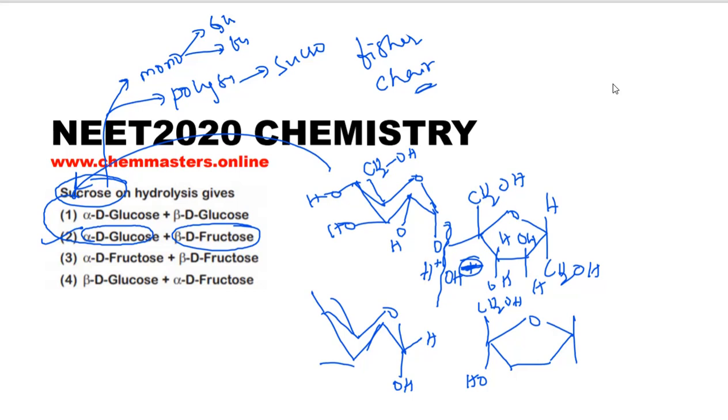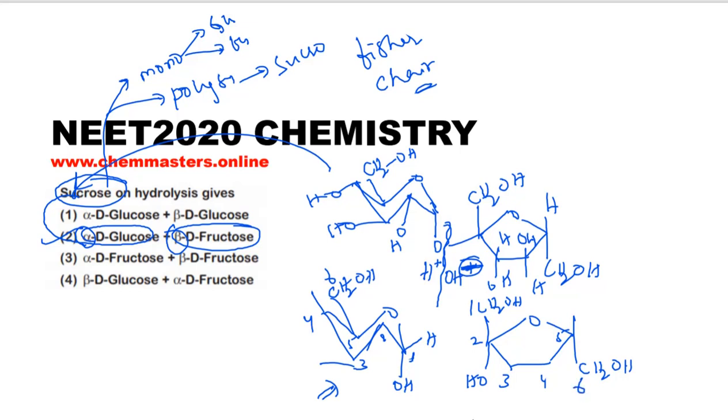Now why are we calling it alpha D glucose and why is it beta? If you look at this glucose, we can start numbering from here 1, 2, 3, 4, 5 and here 6. On this fructose we can start from here 1, 2, 3, 4, 5 and 6.